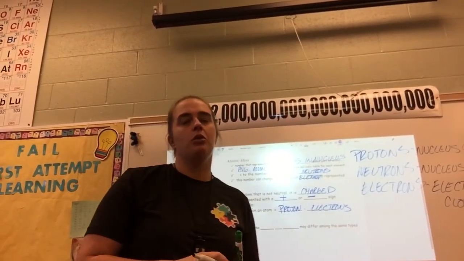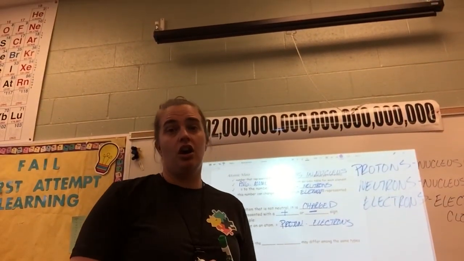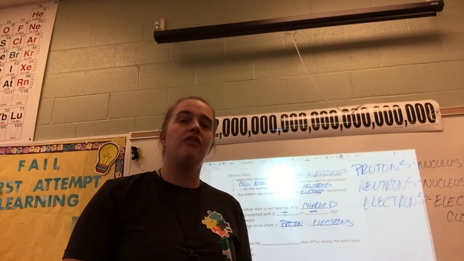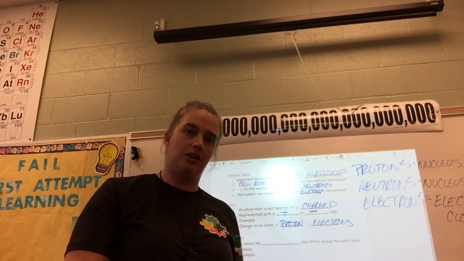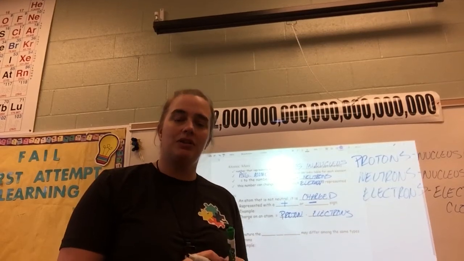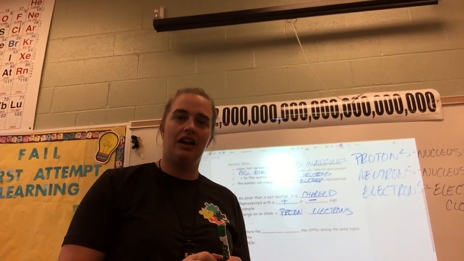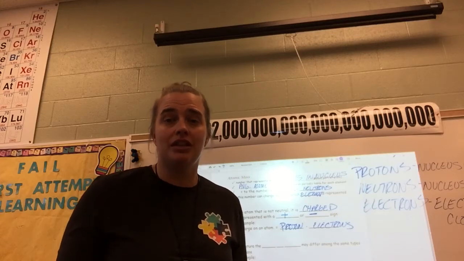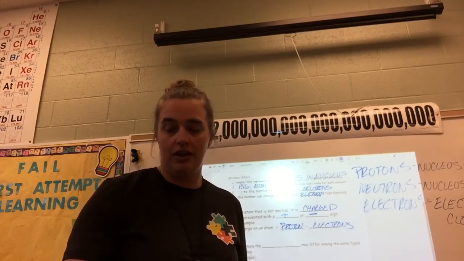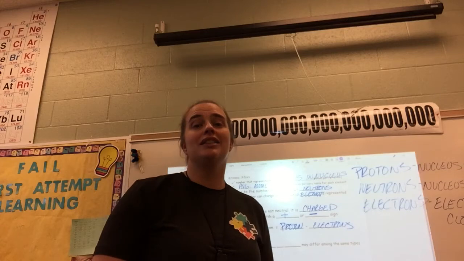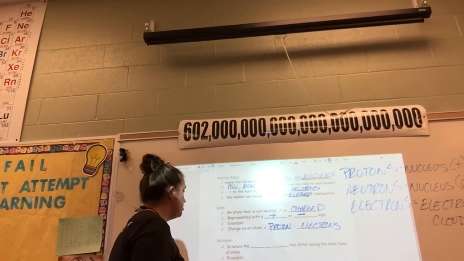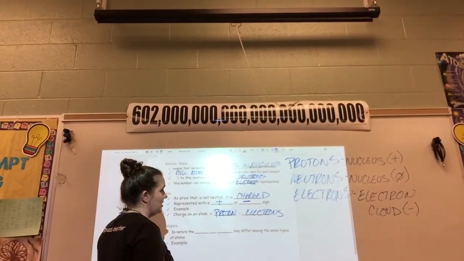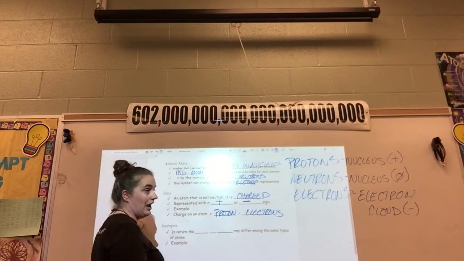So then if we have multiples of the same element. If I fill this room with all potassium atoms, not all potassium atoms will have the same mass number. They're going to be slightly different. Okay? This is what we refer to as isotopes. Isotopes in nature may differ among the types of atoms. How?